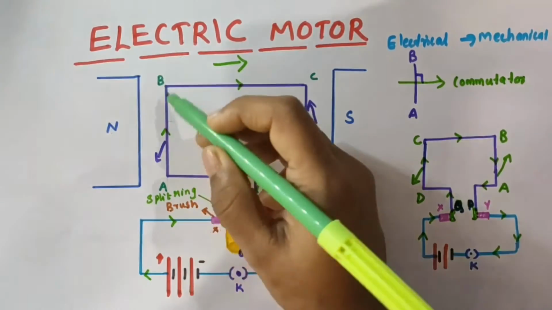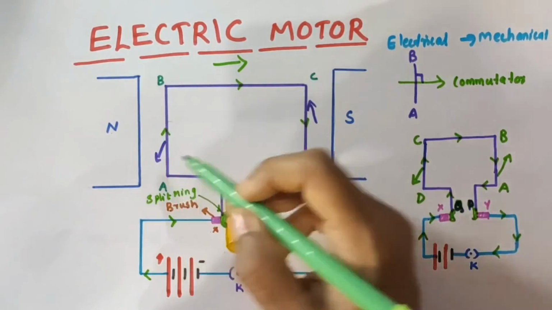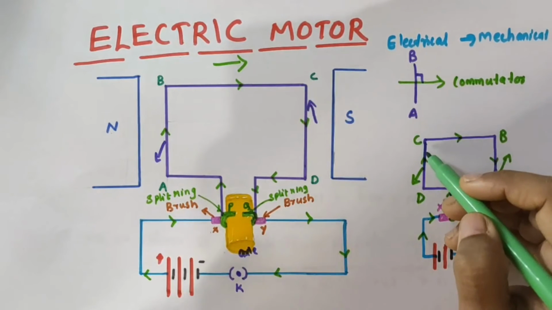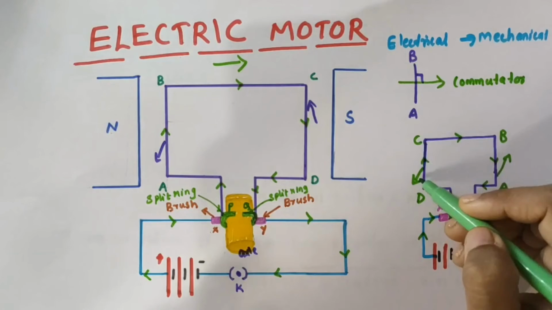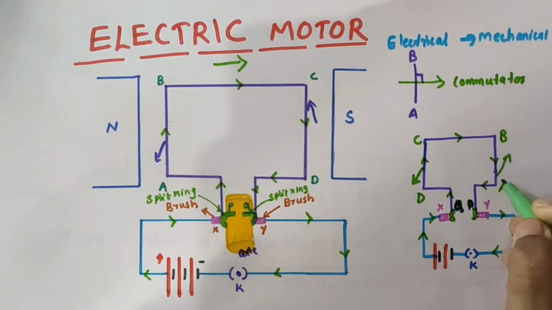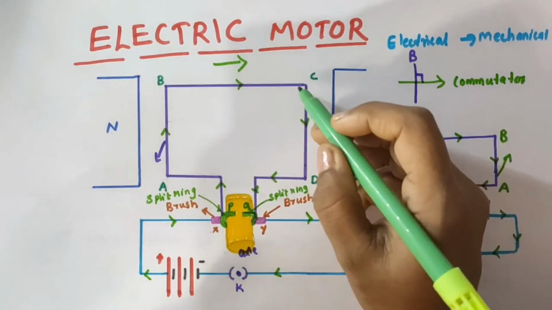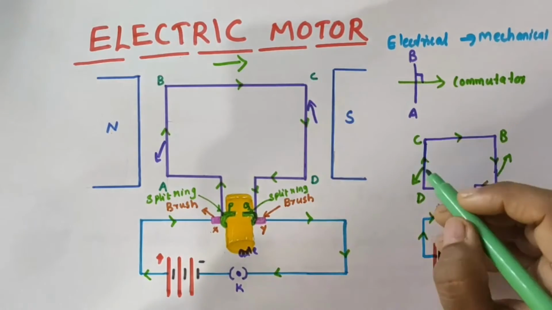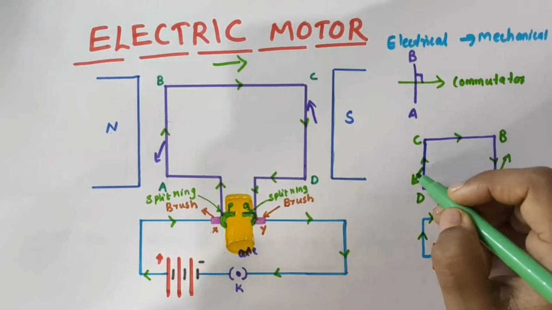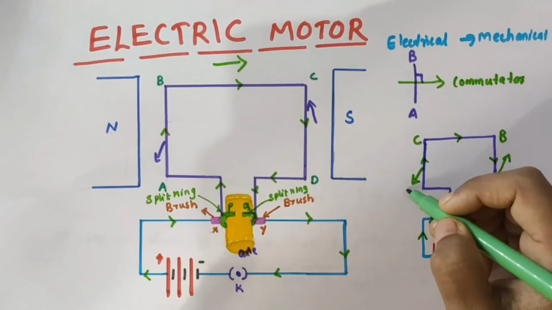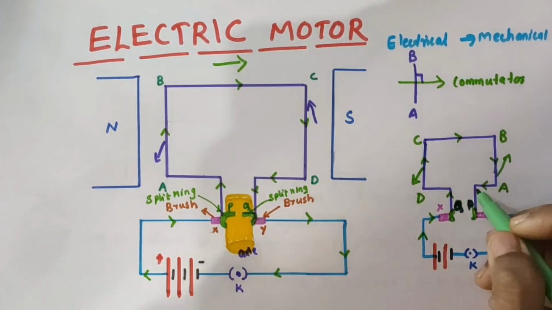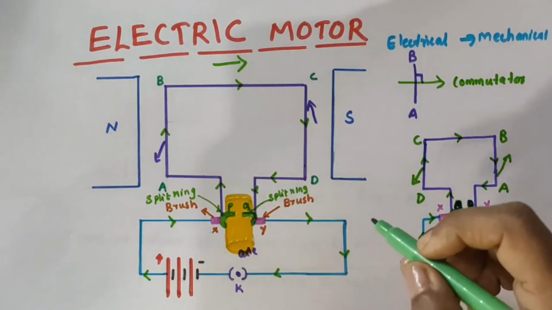In the earlier case, AB was pushed downward and CD was pushed upward, but now arm AB is pushed upside and CD is pushed downside. That is the reversal of the current. The direction of the force is also reversed because of the current reversal.